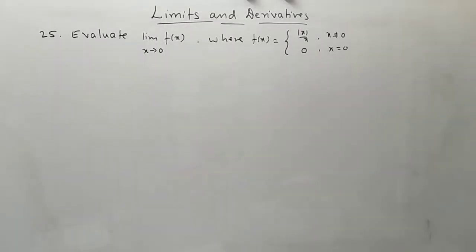Question number 25. Evaluate limit of f of x when x tends to 0, where f of x is equal to modulus of x divided by x when x is not equal to 0, 0 when x is equal to 0.